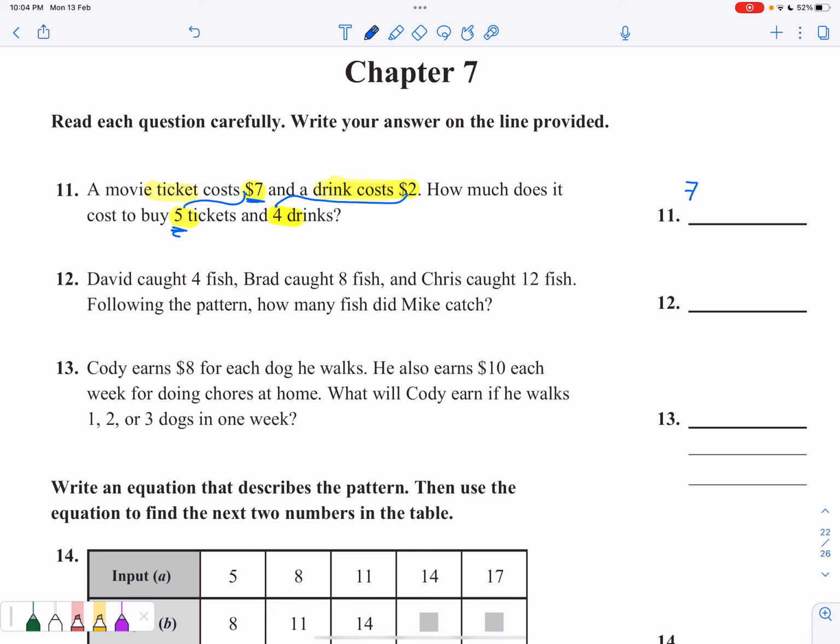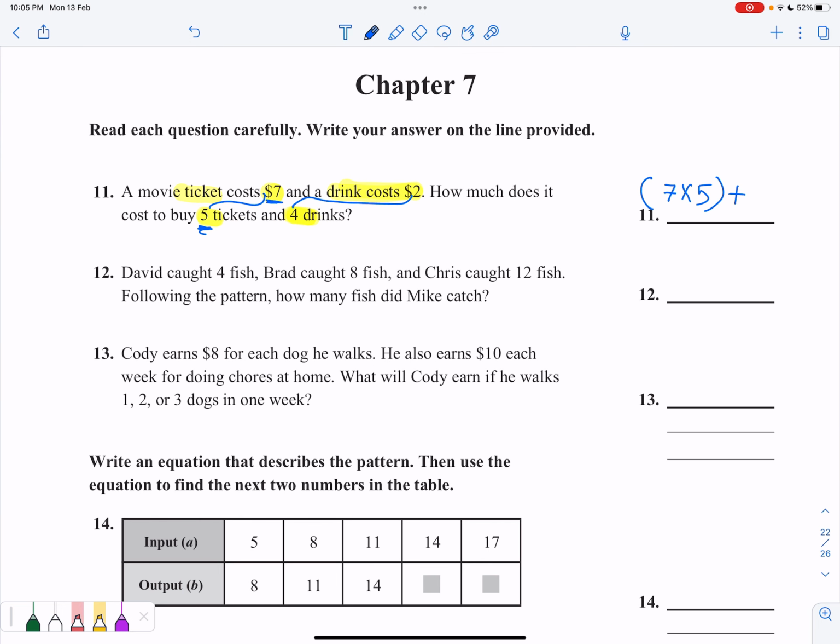So let's write that. $7, the cost of the ticket, multiplied by the number of tickets, which is 5. Okay, this is the first thing. We will add to that the cost of the drink, which is 2, multiplied by the number of drinks, which is 4 drinks.